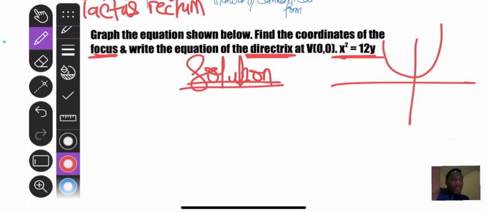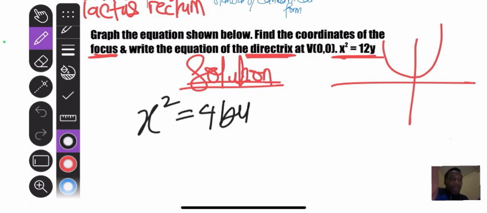In this case, we are using the equation x squared equals 4by. So we are going to compare this with your question, x squared equals 12y.